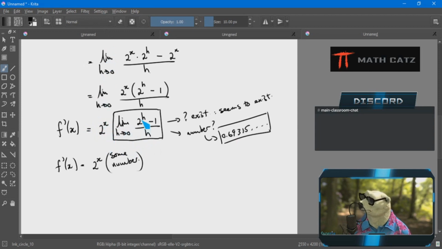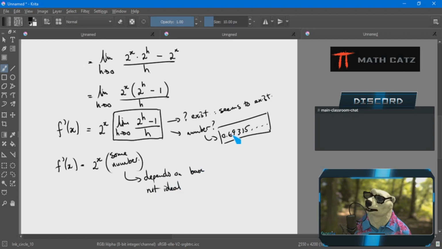Then I would have that base in the limit, and that would change the number. So for every different exponential function, the some-number part that gets multiplied is going to change.